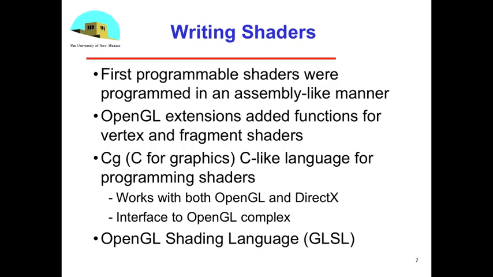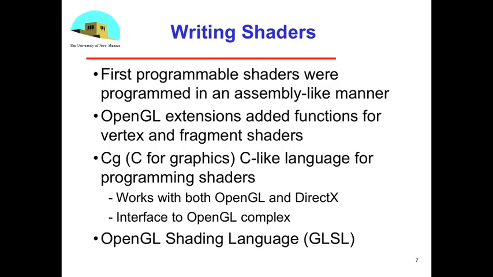OpenGL has an extension mechanism, so even before programmable shaders and the shading language became part of the core implementation, we were able to use extensions supported on many systems to write simple vertex and fragment shaders, but we were restricted to those systems that supported the extensions.